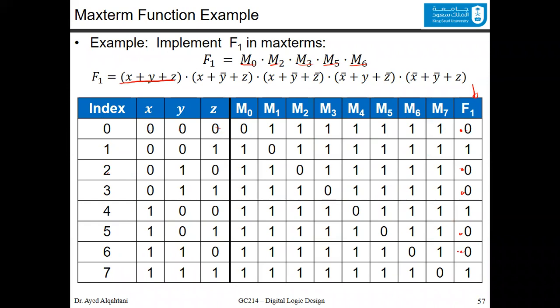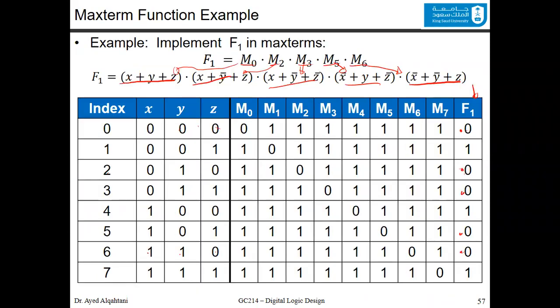The last one here is x bar or y bar or z. So this is the first max term, the second, the third, the fourth, and the last one. This is M capital 0, this one is M capital 2, this one is M capital 3, M capital 5, and then M capital 6. So basically, we looked at the zeros in the output column and found the max terms for each one of them. After we found those max terms, we AND them together.